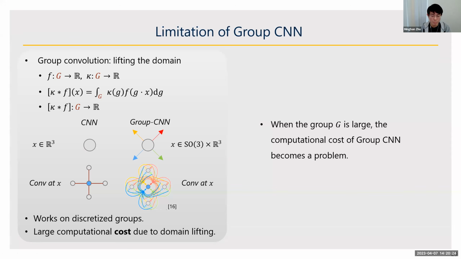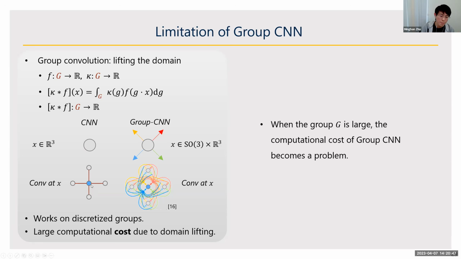That creates a problem when we apply the convolution, because in a convolution, a point exchanges information with neighboring points. In the 3D space for a conventional CNN, for example, this point has 4 neighbors, so it communicates information with these 4 neighbors, doing 4 operations.